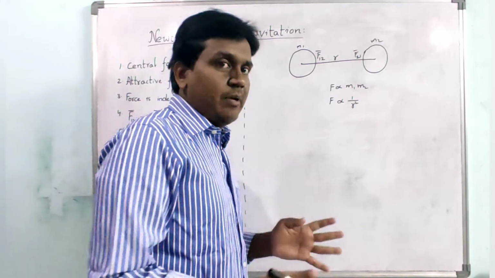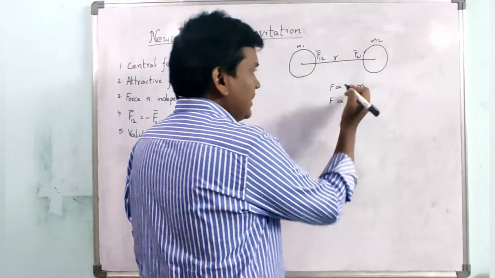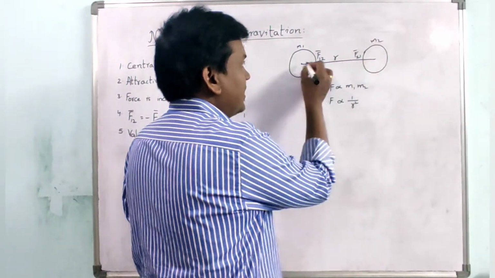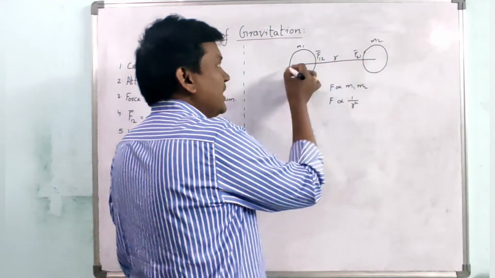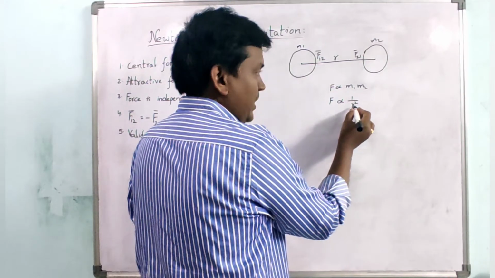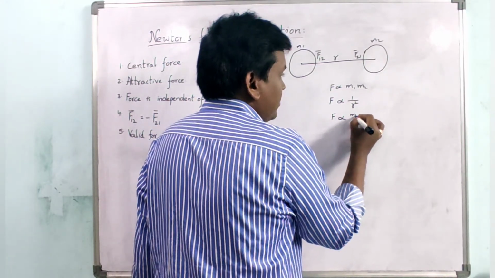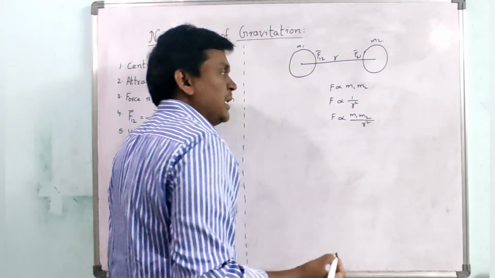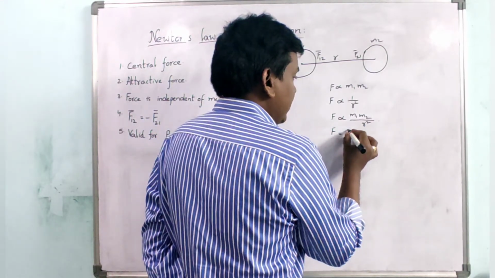Both forces are equal, but they are in opposite directions. They are separated by a distance r, from m1 to m2 and m2 to m1, so r square. By these we can write F is directly proportional to m1 m2 by r square.